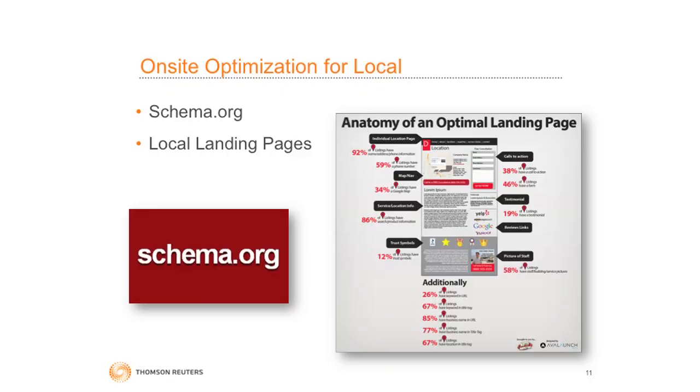Mike Ramsey of Nifty Marketing created a really great infographic called The Anatomy of an Optimal Landing Page, where he outlines specifically what businesses should include on a landing page to give them the most benefit in search results. I highly recommend checking it out. You can find it on his website, Nifty Marketing. Along with schema markup, businesses should also include an embedded map as well as some content that's specific to the geographic region of the physical location on their local landing pages.